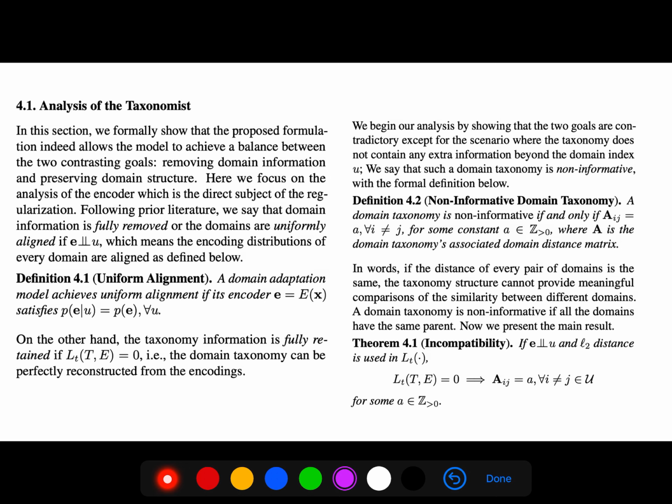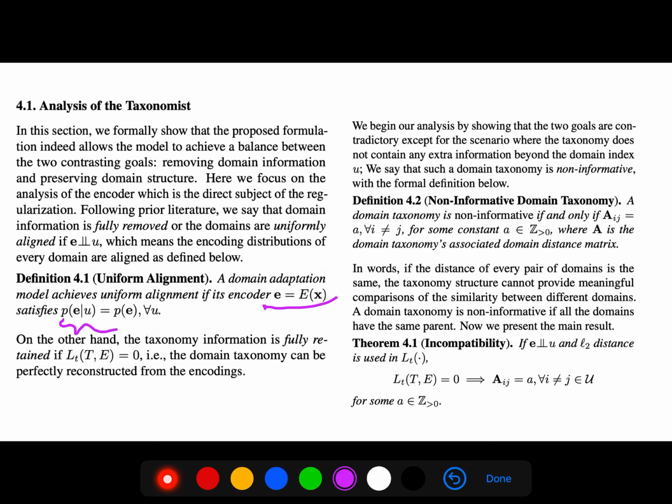We focus on the analysis of the encoder, which is the direct subject of regularization. Following prior literature, we say that domain information is fully removed, or the domains are uniformly aligned, which means the encoding distributions of every domain are aligned, as defined below. The definition of uniform alignment is that a domain adaptation model achieves uniform alignment if the encoder satisfies this probability.